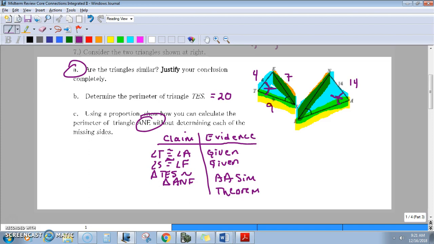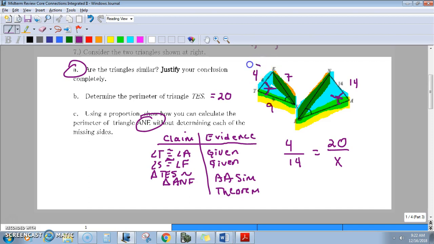Now, because they are similar, we know that all of their sides must be proportional. And that also means that their whole perimeter is proportional. So if I know that 4 over 14 is proportional to 20 over the perimeter of the other one, which we will call x, we can cross multiply here.